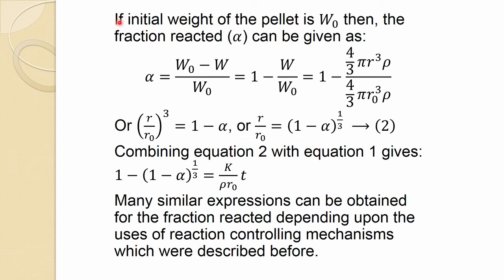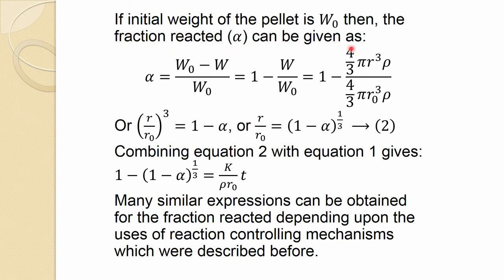So, if the initial weight of the pellet is W naught, then the fraction reacted alpha can be given as follows. Here we are introducing a definition of fraction reacted, how much fraction of the pellet has been reacted by the gas.